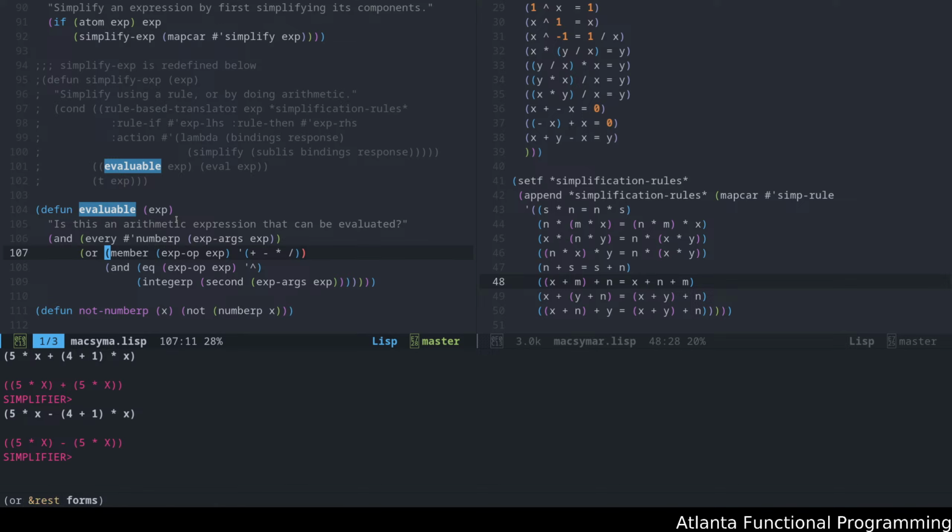and we're dealing with either an arithmetic operator, okay, so plus, minus, times, or divide, basic arithmetic operators, or we're dealing with an exponential operator, and this is kind of like a look ahead.